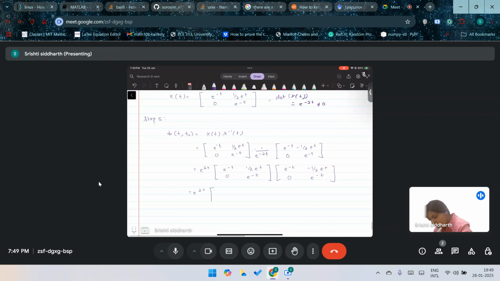Okay, so this becomes e to the power minus 2t. And then we have e to the power minus t times half, which is negative, and this becomes 0. Then we have 0 again, and then we have e to the power minus 2t. So we have the identity matrix.